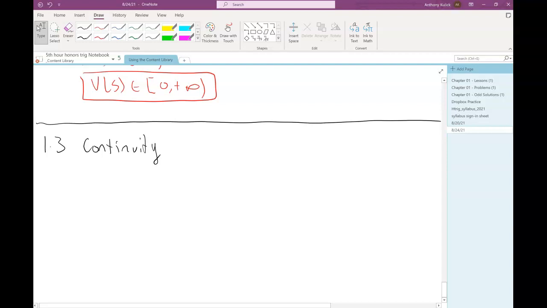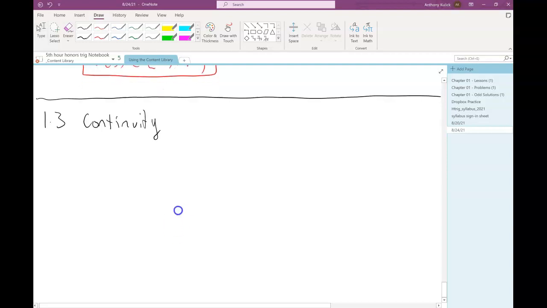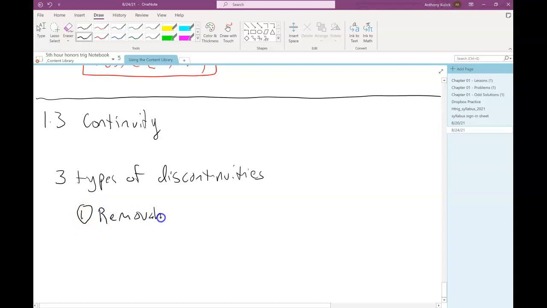There are 3 different situations that might cause you to have to pick up your pencil when drawing a function. We call those situations discontinuities. Two of which you've seen last year.